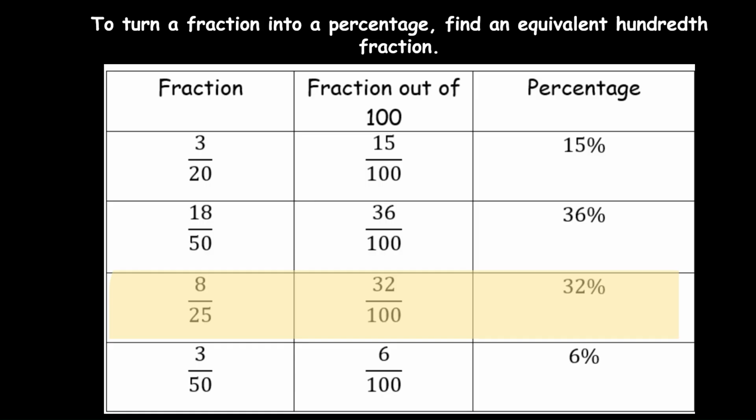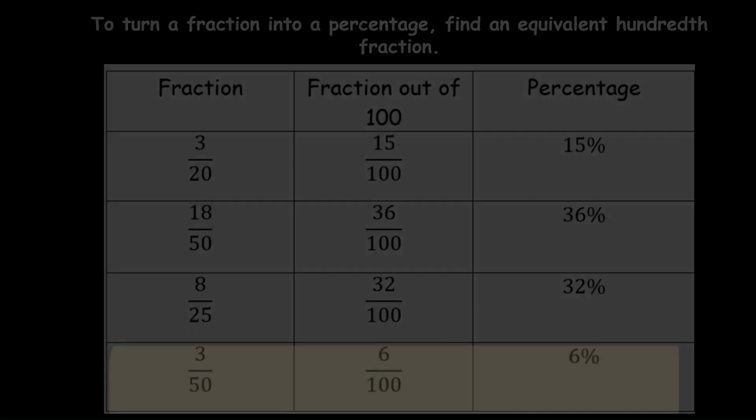There are 4 lots of 25 in 100, so we multiplied 8/25ths by 4/4ths to get 32 out of 100. To get the equivalent hundredths fraction from 3/50ths, we multiply it by 2/2 to give us 6/100ths, which is 6%, because 6 divided by 100 is equal to 0.06.